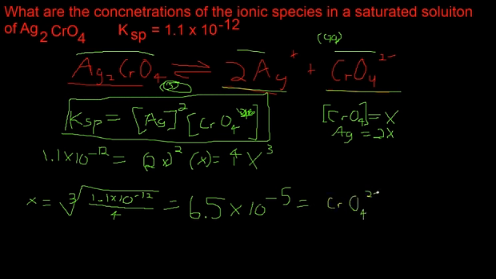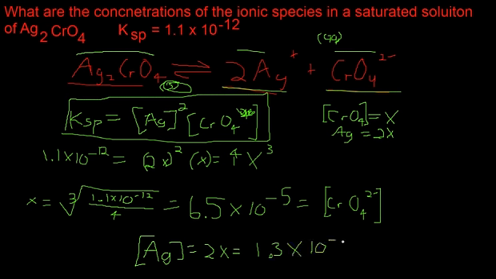However, the concentration of silver ions is going to equal 2 times this, so we have 2x, which just so happens to be 1.3 times 10 to the negative 4. And these are, of course, in units of molar.